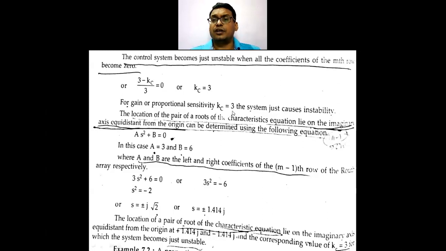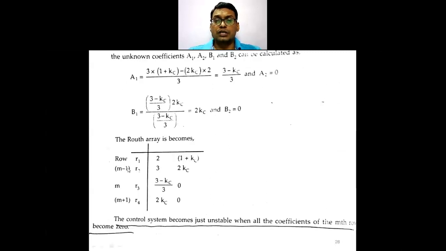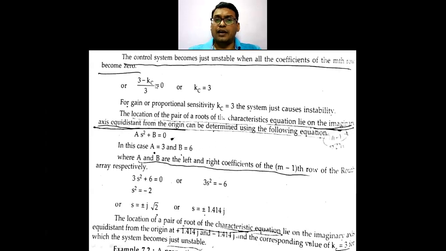For the gain or proportional sensitivity Kc equal to 3, the system just causes instability. So this is what we have to consider for the mth row. This is rule 3: the control system is just unstable when all the coefficients of the mth row become 0.